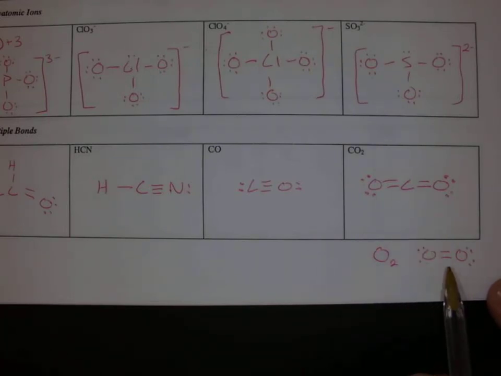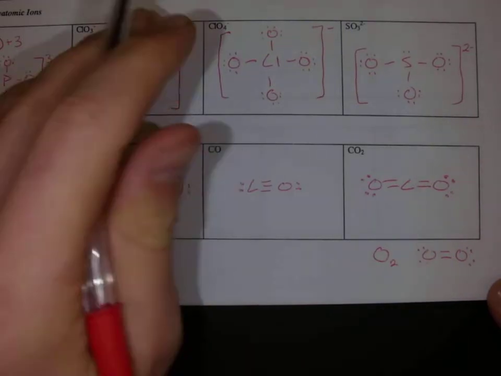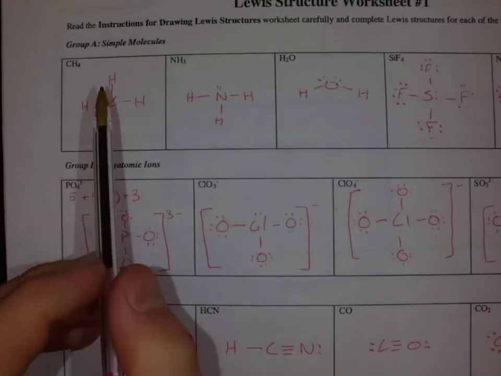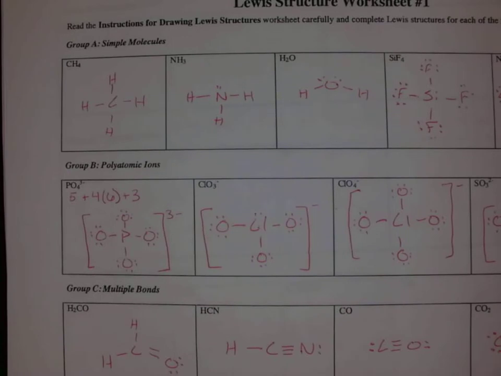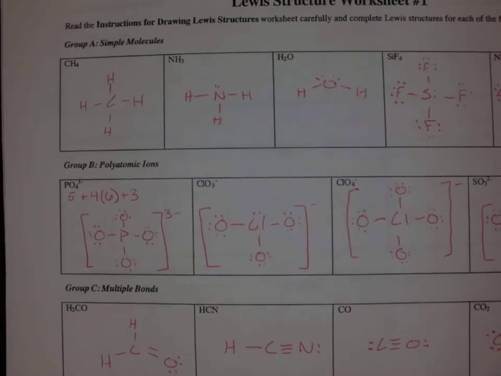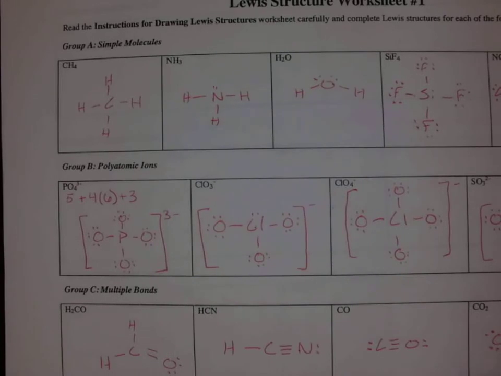So these are both covalent compounds up here, but they have very different properties that we see. So what we need to do is start to understand a little bit more about why we are seeing those properties.